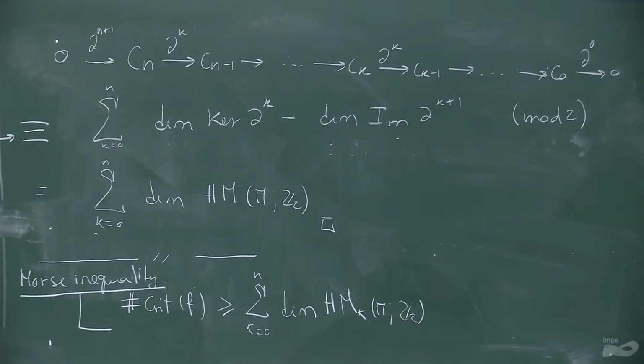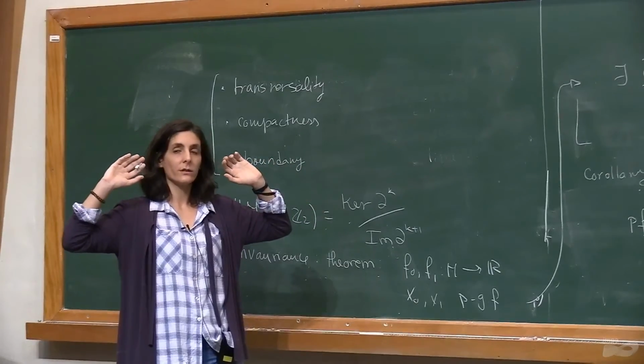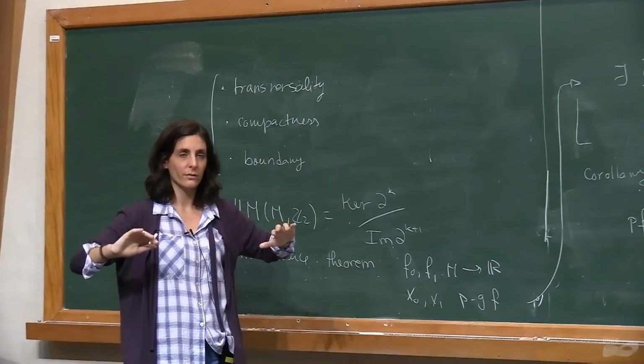Okay. So before I do a short break, let me try to summarize what we've done here. So for the Morse homology, we started with a manifold, and we started with a function f defined on this manifold.